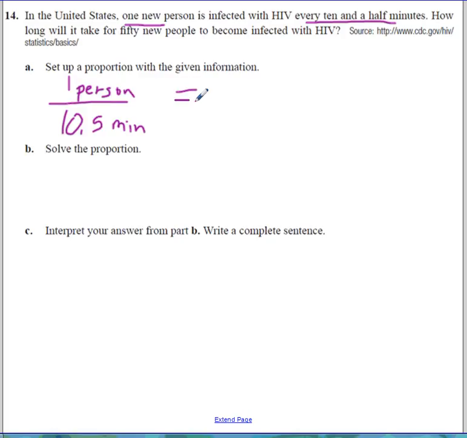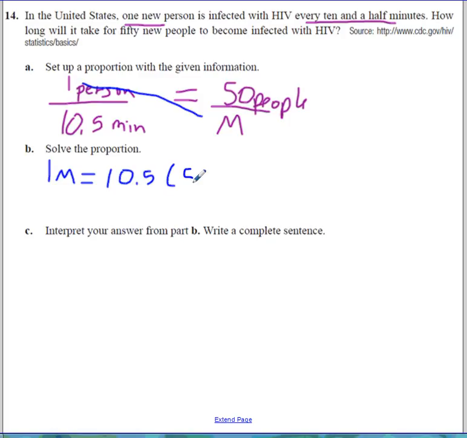So how long? So that's going to be our unknown. So let's use M for minutes. Will it take for 50 people to become infected? Our 1 is with our M, and that is the same as 10.5 times 50.